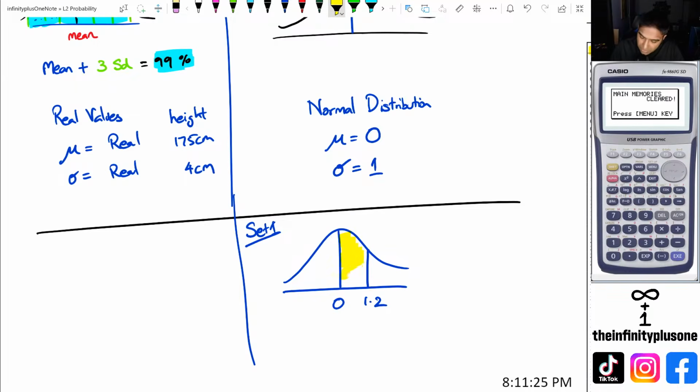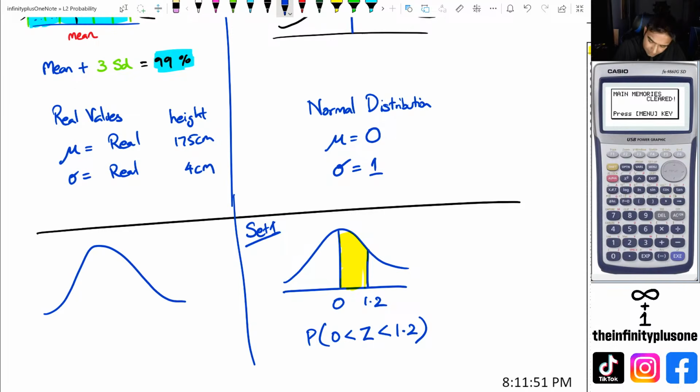What is the probability for this to be between 0 and 1.2? Because it's already a normal distribution, we just write this as the probability of 0 less than z less than 1.2. Now, imagine if this was in the real world. In the real world, what it'll look like is something like this.